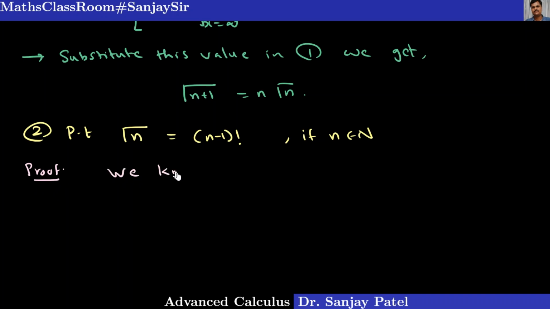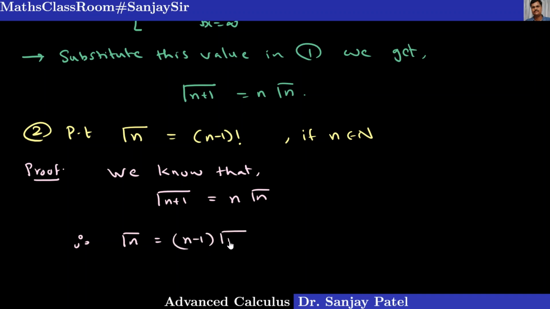We know that gamma n plus 1 is equal to n into gamma n. Therefore, I can write gamma n is equal to n minus 1 times gamma n minus 1, by applying this result, this property.